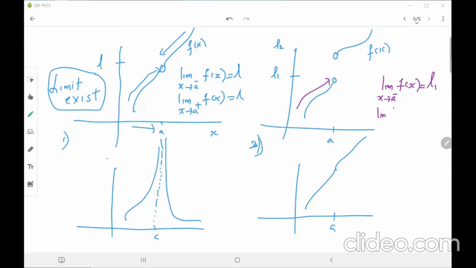Similarly, the limit as x tends to A plus of f of x. When x approaches A from the right side, the value is moving to L2. L1 and L2 are different. Therefore, what can I conclude? The limit does not exist.